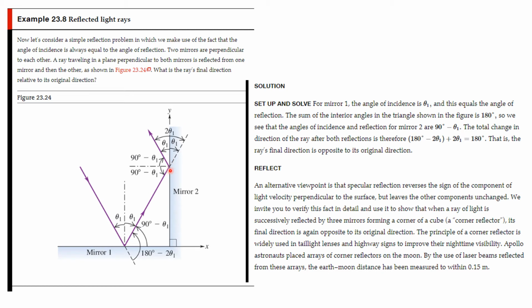And so this is 90 minus theta 1, but this is going to be theta 1 here. So you see what happens is we're being reflected off into the angle that is exactly opposite. This one's coming in at theta 1. This is going out 180 degrees. And so the final direction is opposite to the original direction.